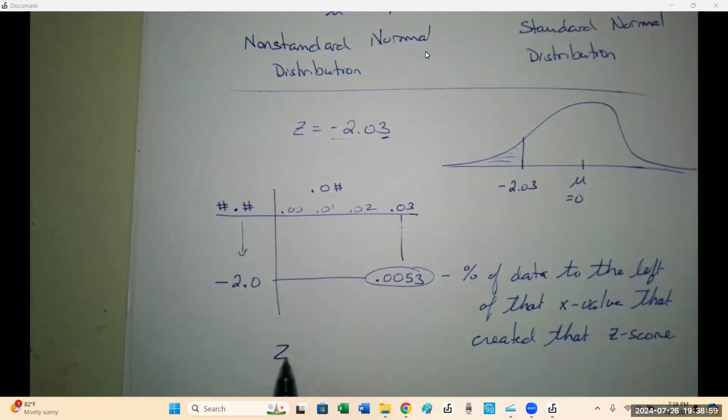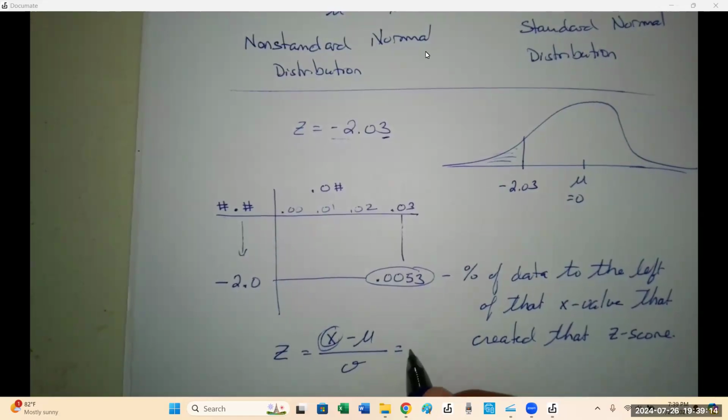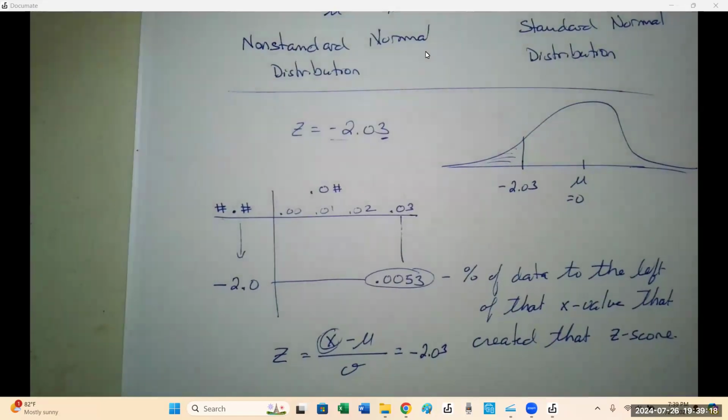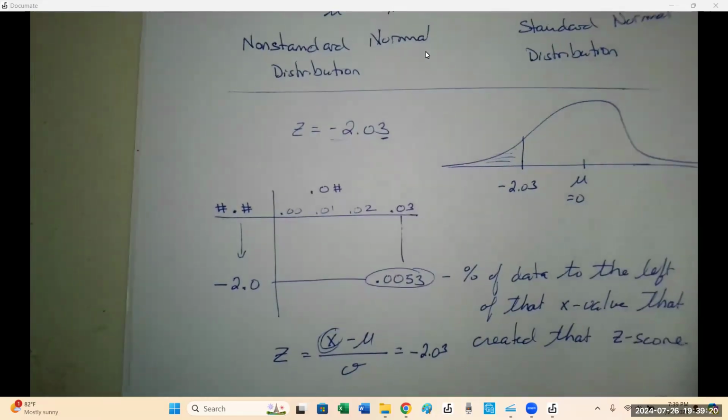Because remember, z equals x minus mu over the standard deviation. We're looking at that specific x, which with these constant numbers gives us negative 2.03. Right, so that's what we'll be looking at, and we'll try to keep that in mind.